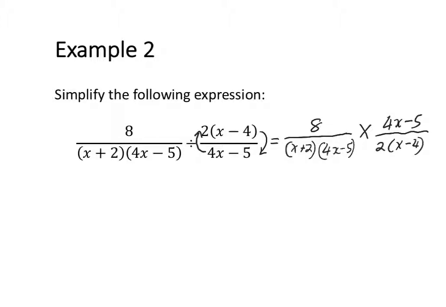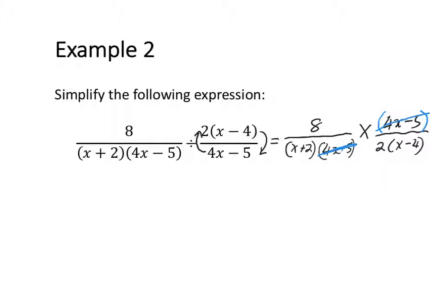Okay, so now I need to complete my multiplication, and the first step is to check to see whether there's anything that I can cancel out. So I can put a bracket around my 4x minus 5 because I've got to treat that as one group, and then check to see whether I have any down the bottom, which I do. So I can cancel the 4x minus 5 in my numerator and 4x minus 5 in my denominator.